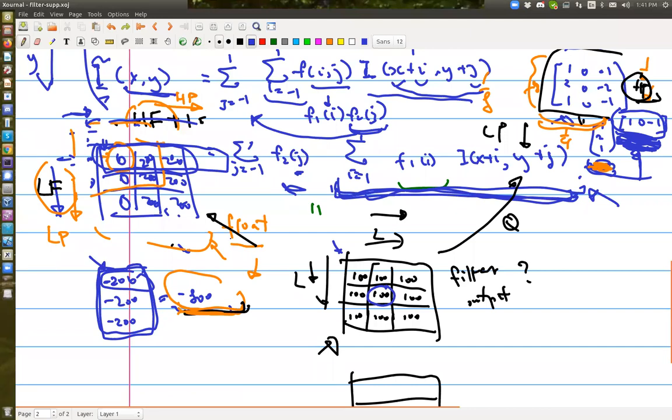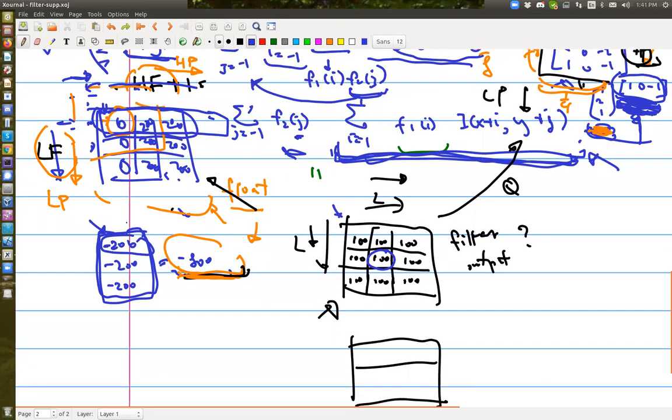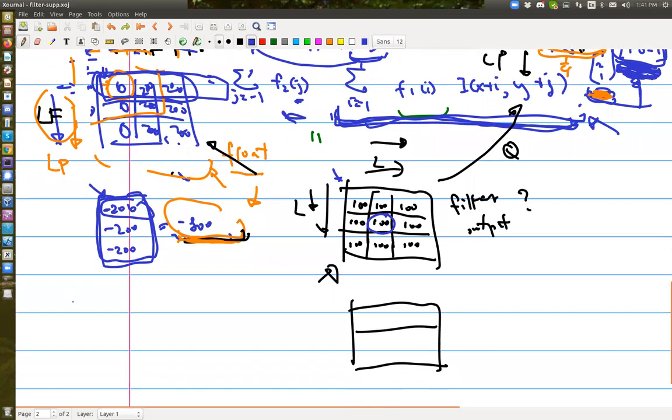Okay, I guess these are two quite similar questions. What is high pass, and what is high frequency and low frequency? What do you mean by frequency here is how rapidly your signal is oscillating.